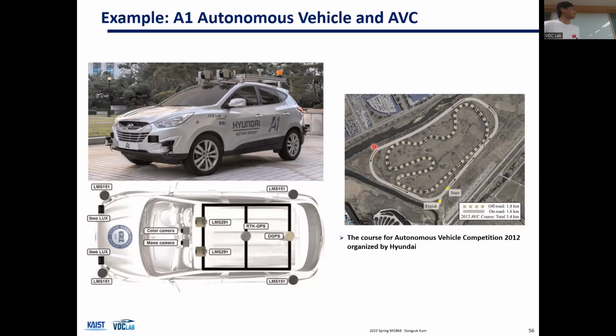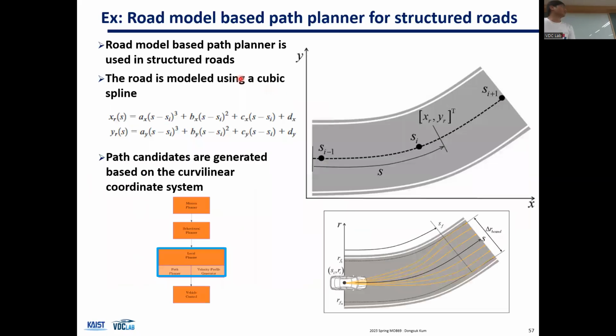A1 has two different motion planners depending on the situation. The first one is a road model-based path planner, which is used for structured roads. This motion planner is actually the conformal lattice planner that I previously mentioned.